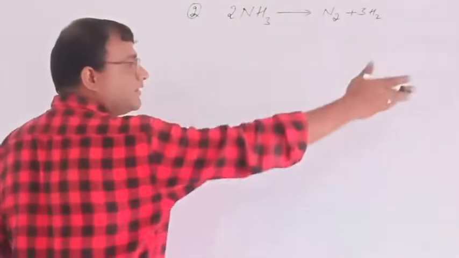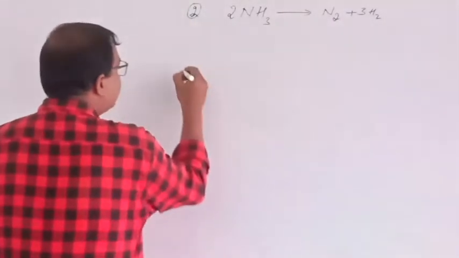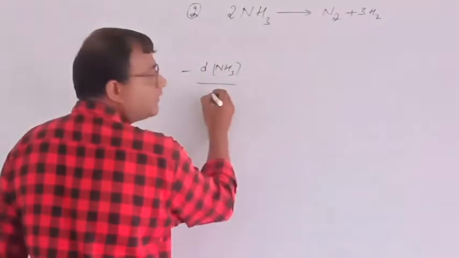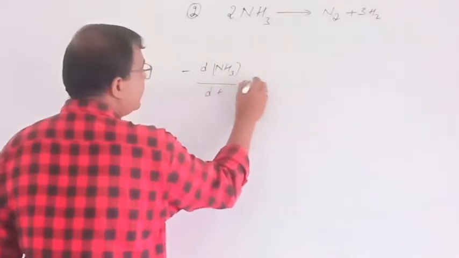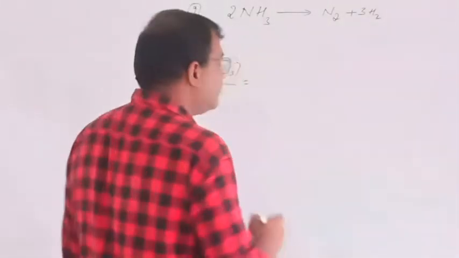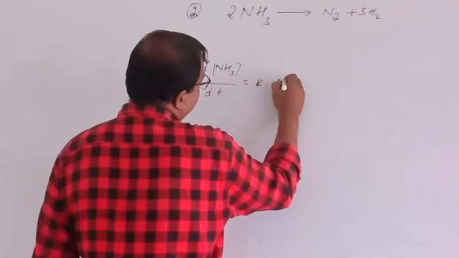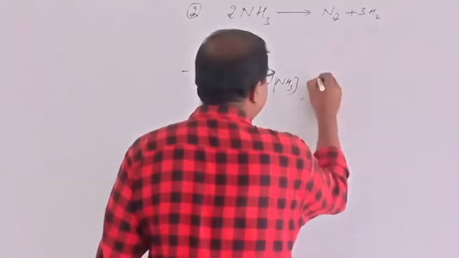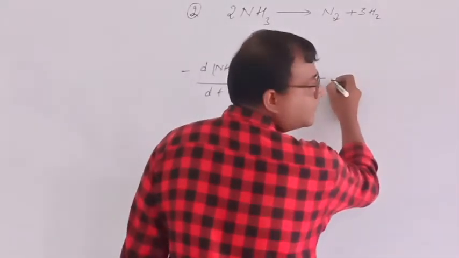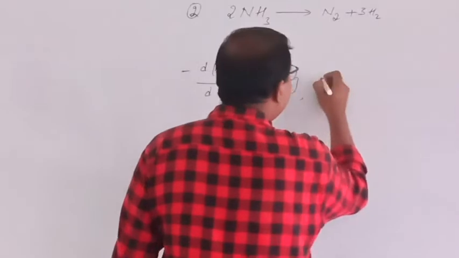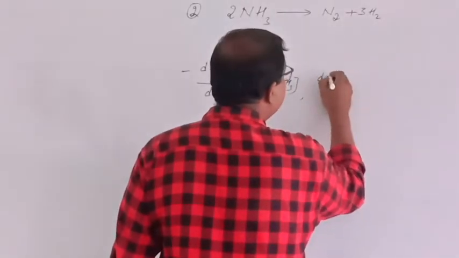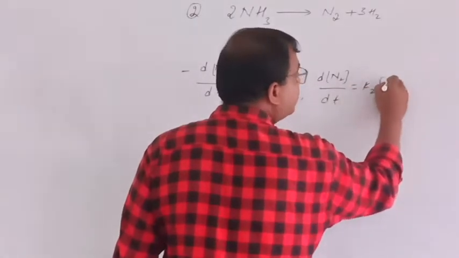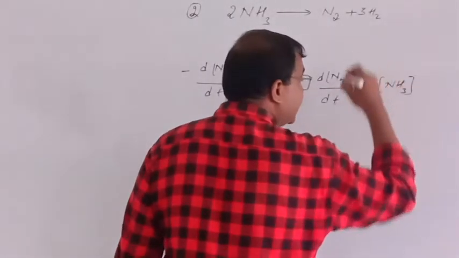Also something is given below: minus d of NH3 by dt is equal to K1 into NH3. Then given plus d of N2 by dt is equal to K2 into NH3.